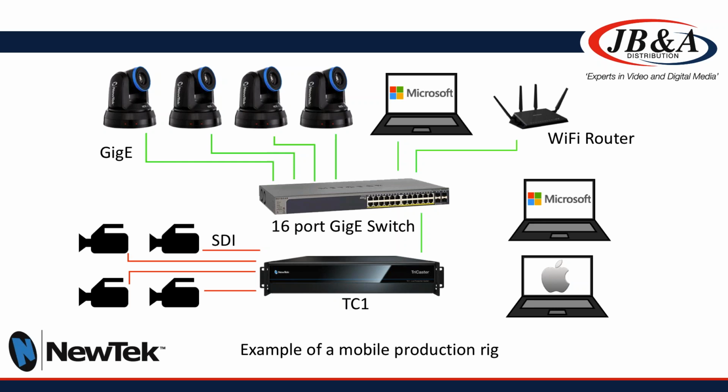But now I have the simple ease of a single connection to a GigE switch, and whatever other device that I have connected on this small network is now available as a source to my TC1. Now, also remember that my output from the TC1 is available on that network as well. So I can have an encoder sending out the stream. I could have another laptop as a monitor.